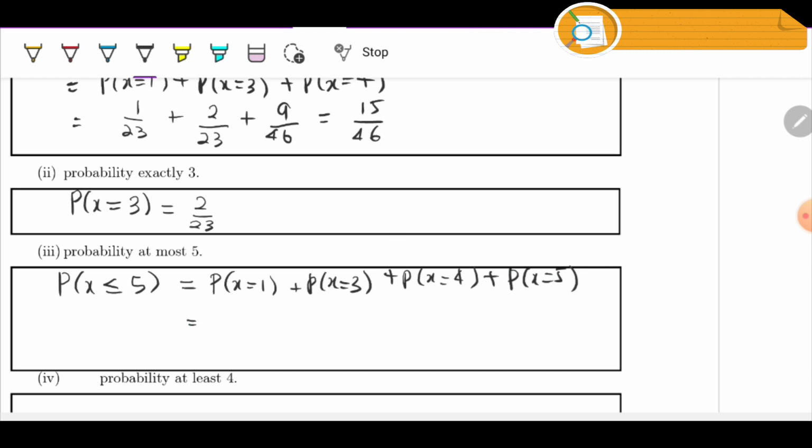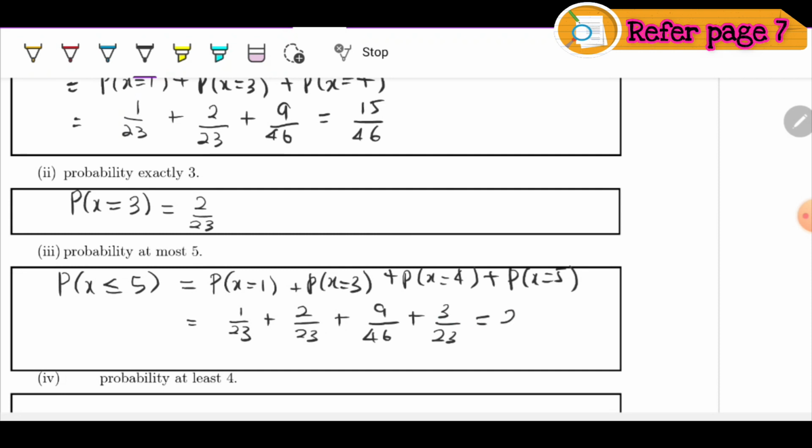When x equals 1, the probability is 1 over 23. When x equals 3, the probability is 2 over 23. When x equals 4, the probability is 9 over 46. And the last one, when x equals 5, is 3 over 23. And the answer is 21 over 46.